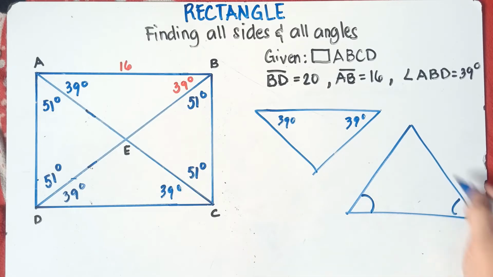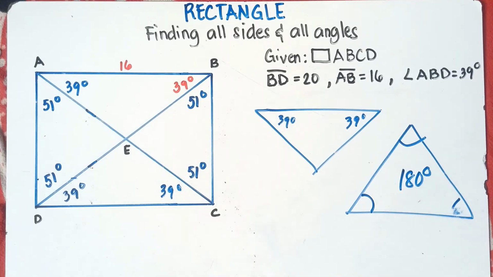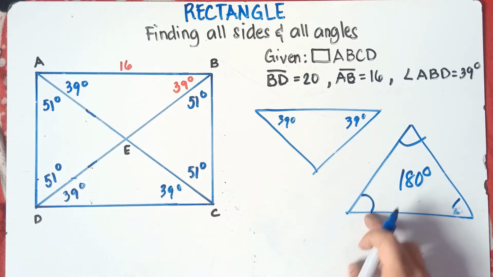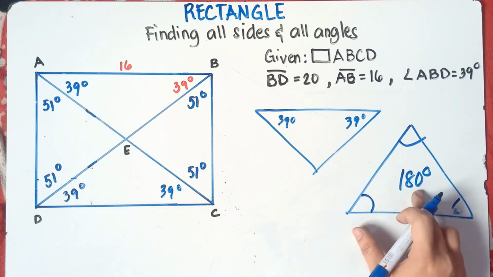If you add this up, it should be equal to 180 degrees. Okay, always remember that one, class. Any kind of triangle, equilateral, right triangle, scalene triangle, acute triangle, any kind of triangle, class.